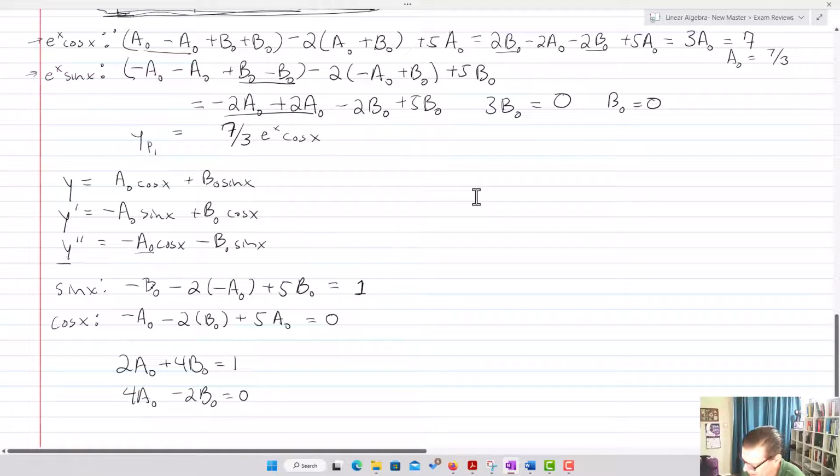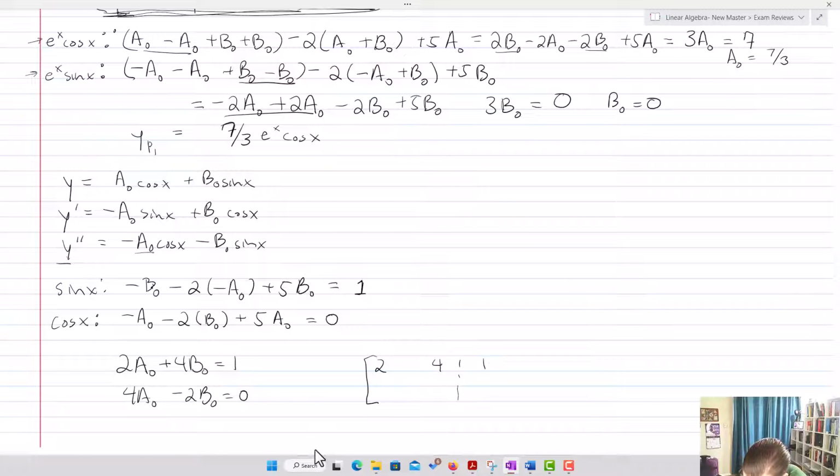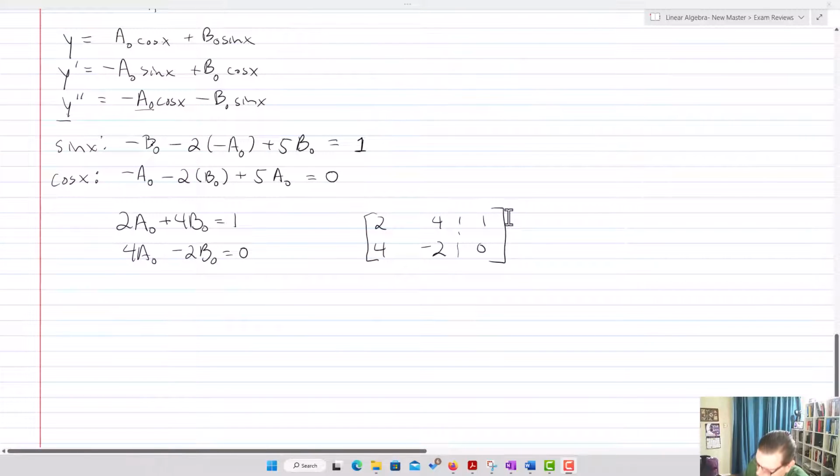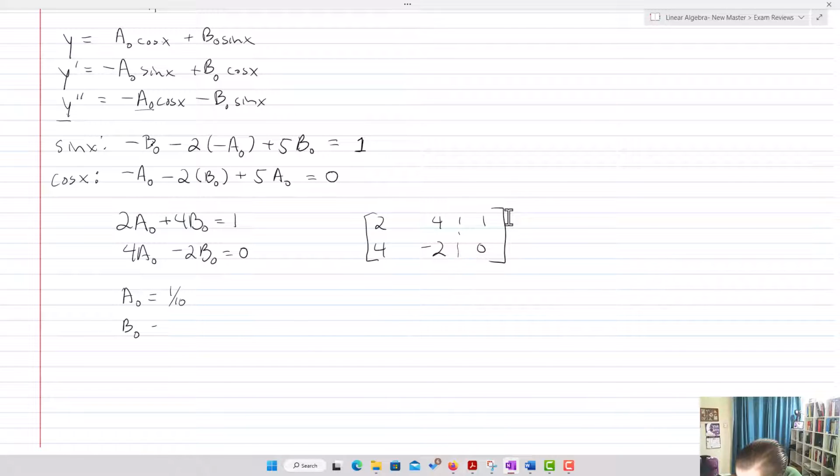And so now what I need to do is solve that system. So I've got a system. It's going to be 2, 4, 1, 4, negative 2, 0. When I solve this system, what I get is that a naught equals 1/10 and b naught equals 1/5, just using some technology there.